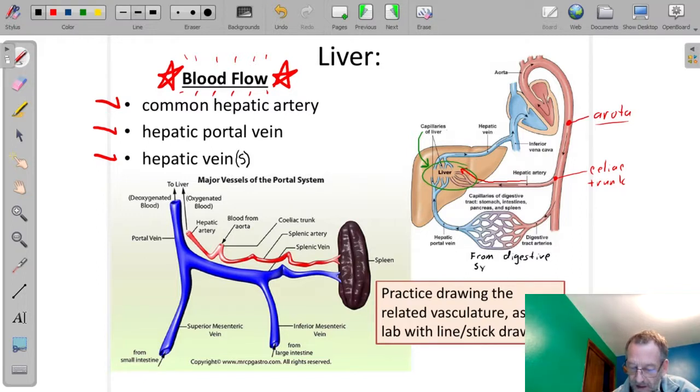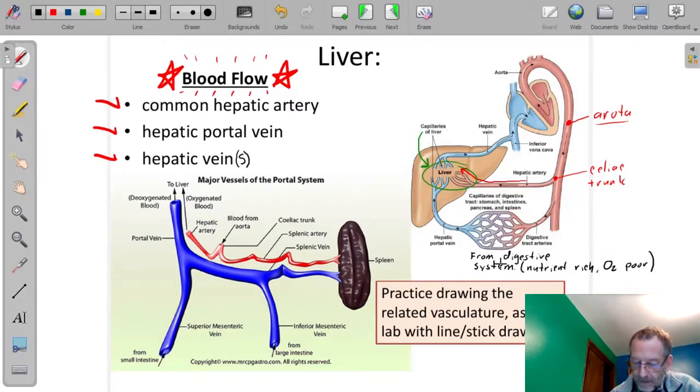So it's carrying nutrient-rich, oxygen-poor blood. Nutrient-rich, O2 poor. The blood has already been through one set of capillaries.